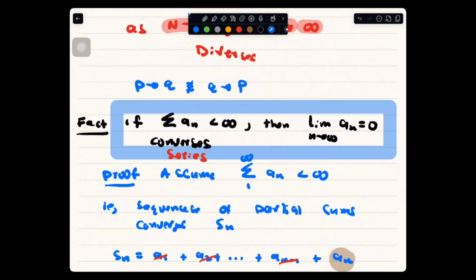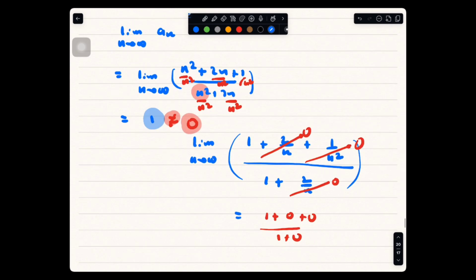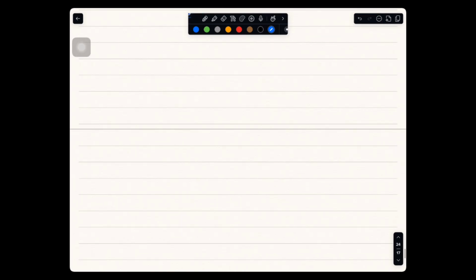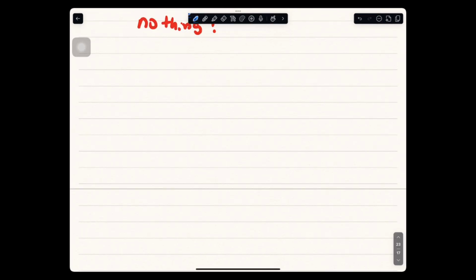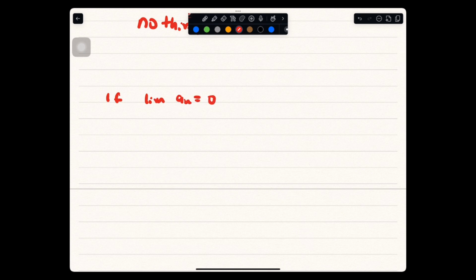So if your limit of an equals 0, then it doesn't mean the series diverges. And let's write that down, okay? Because that's where people are going to make a mistake. If the limit of an equals 0, I'll put it in red, then the series can either converge or it can diverge. We don't know.